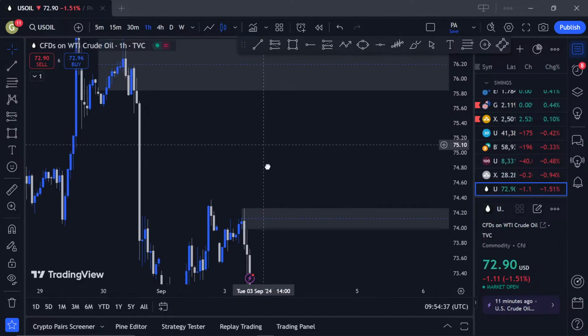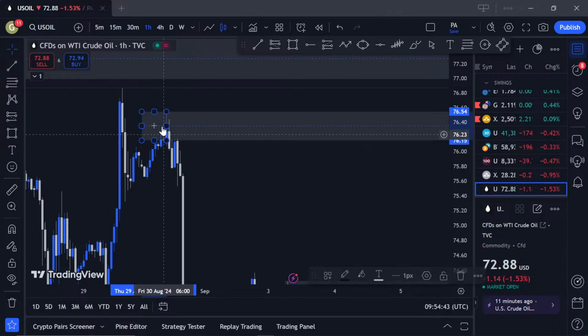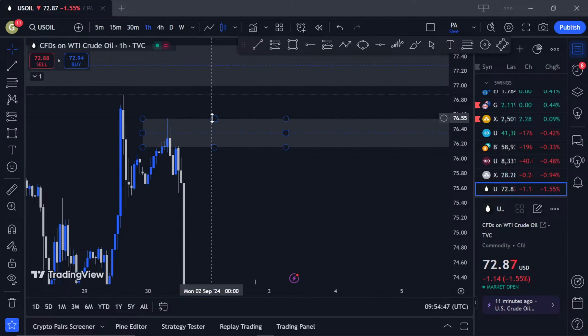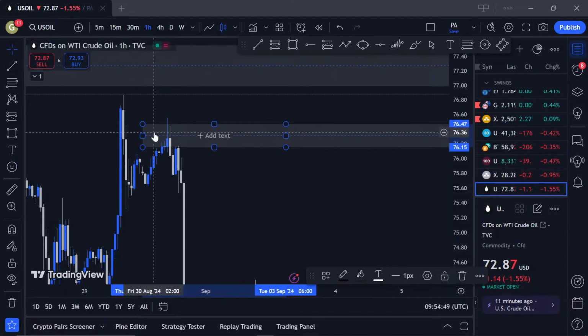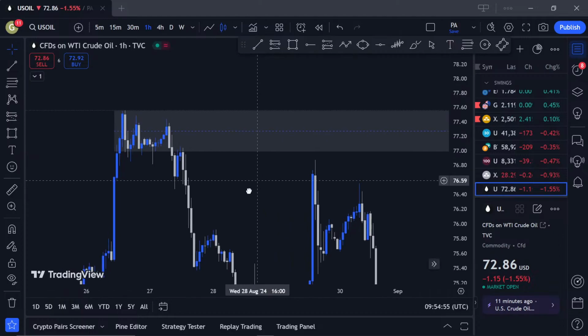Yep, so this is it on the 1-hour time frame. This other level here will be considered from here. This level seems to be mitigated, so I won't use this level here. This level is being mitigated, so I'm skipping that level.